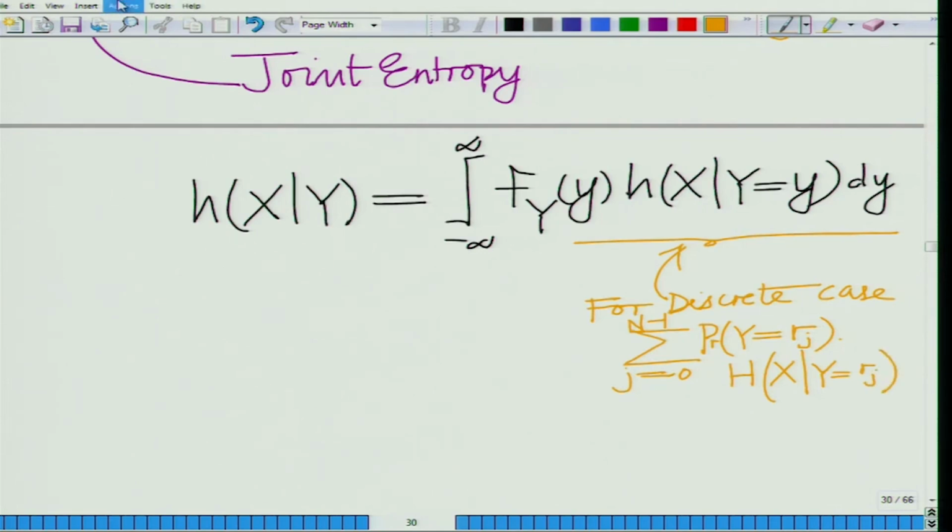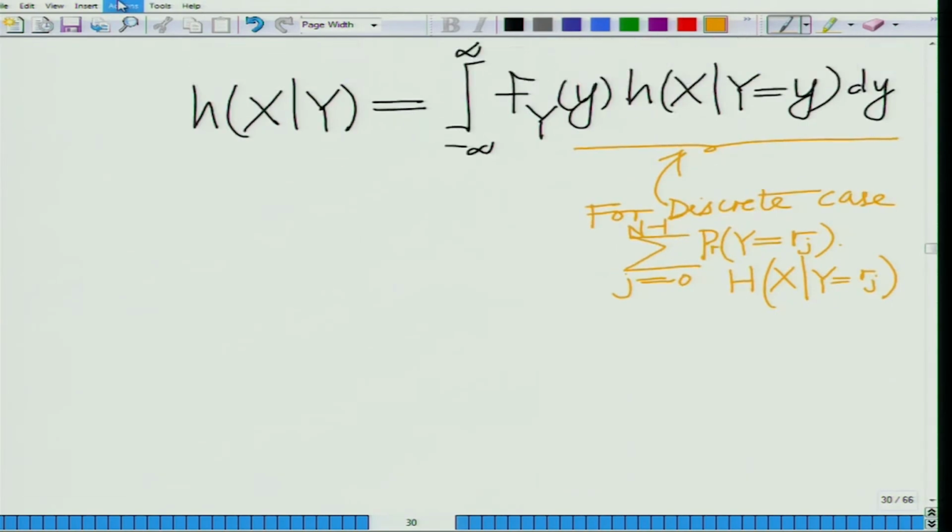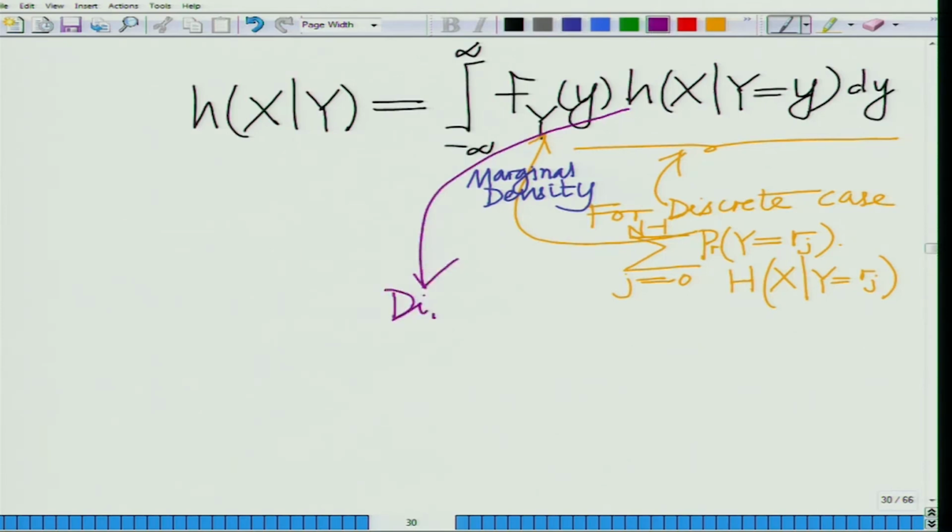So that would be the equivalent definition for the discrete case. We are replacing the probability by the marginal density, and of course, similarly the entropy by the differential entropy. H of x given y, this is a differential entropy.